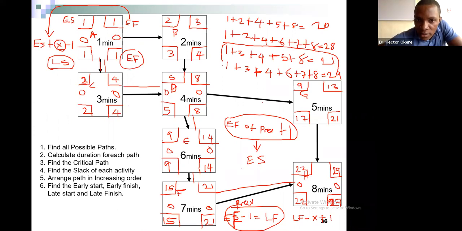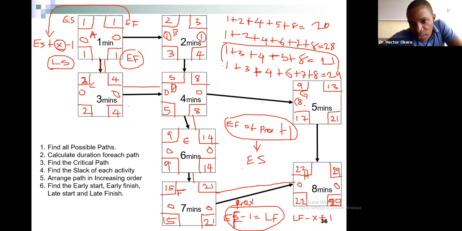4 minus 1 is 1. This is slack time for this activity. Slack time for this activity is 1. Okay, slack time for this activity is 17. 8.